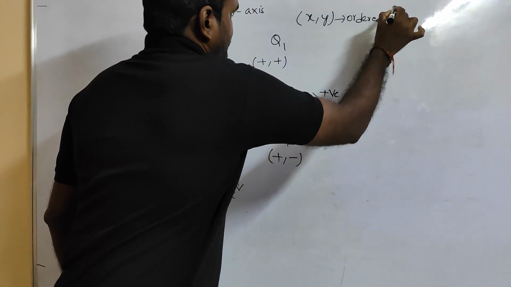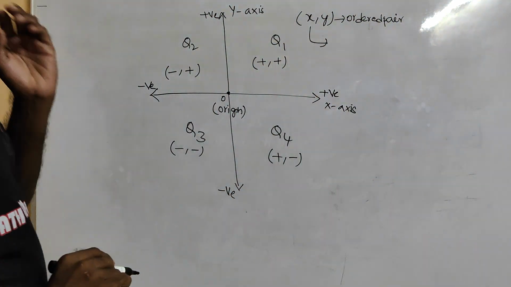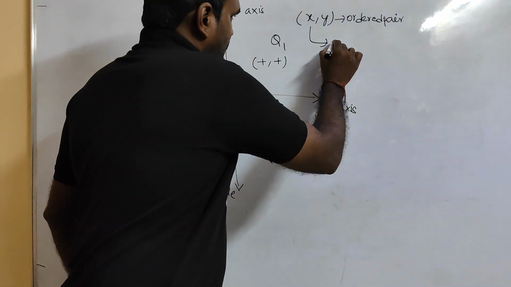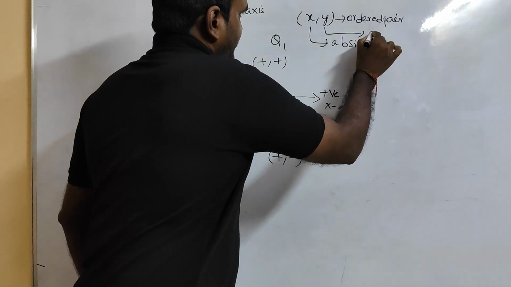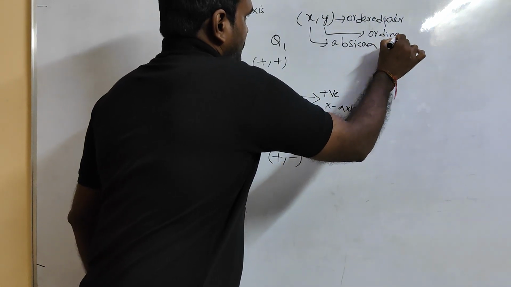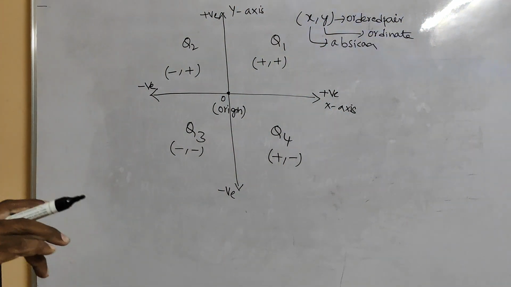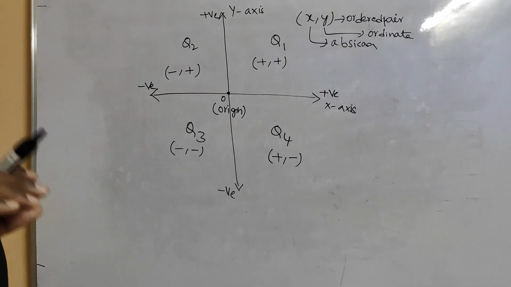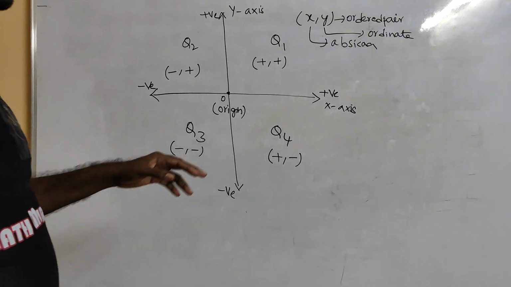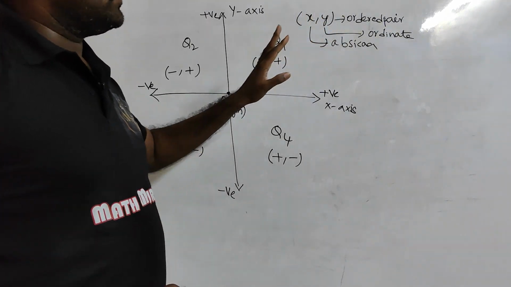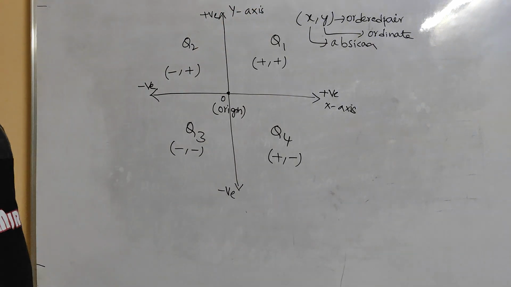X is called the abscissa and y is called the ordinate. You have to remember this basic terminology to solve problems regarding 2D geometry. X comma y within small brackets is called an ordered pair.